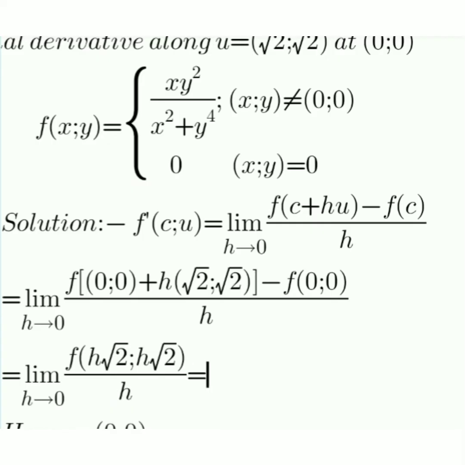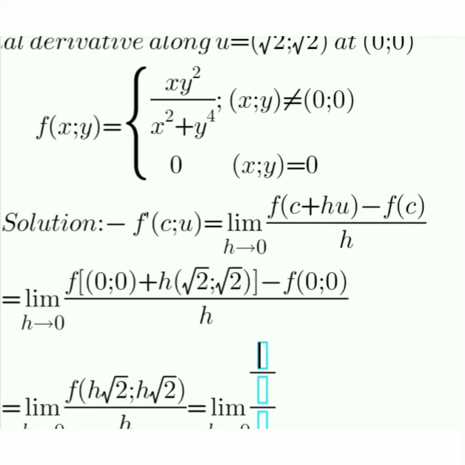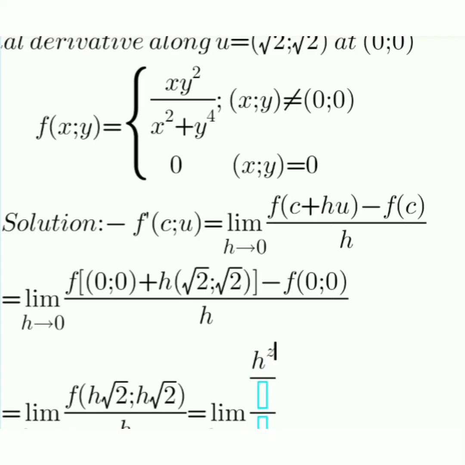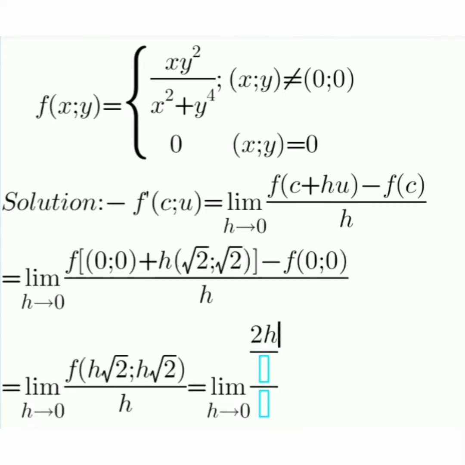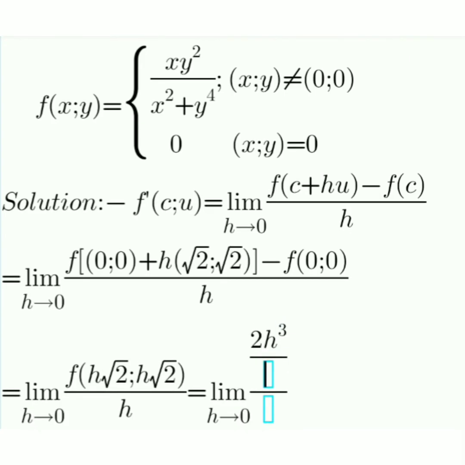This point is not (0, 0), so I will put this value in the function. The numerator is 2h cube times root 2, not h root 2.